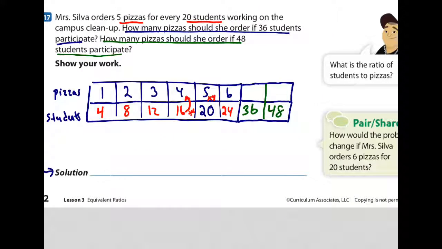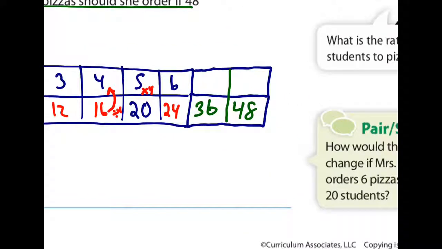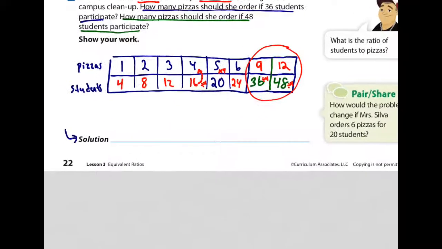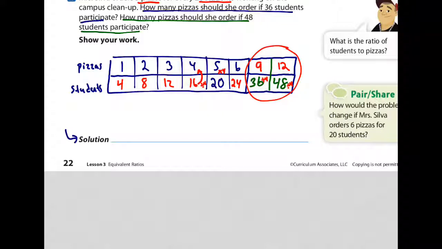So what I'm going to do is divide 36 by 4, and I get 9 pizzas. Or you could think 9 times 4 is 36, right? For this one, you could think what times 4 is 48, or just do 48 divided by 4, and you get 12. So these are going to be the answers to my question, which I'm writing on the solution line. So how many pizzas should she order if 36 students participate?